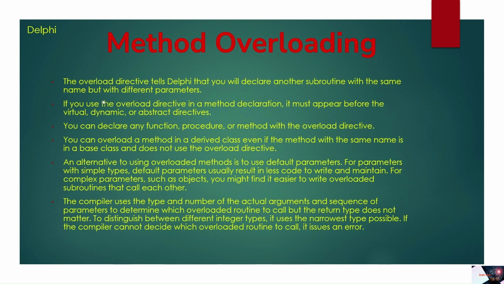So in overloading, one concept is there: return type of the function does not matter, only the signature matters. So two methods with the same name must have different signatures, meaning the number of parameters is different, or if the parameters are the same, then the sequence should be different, or the data type should be different for the parameters.